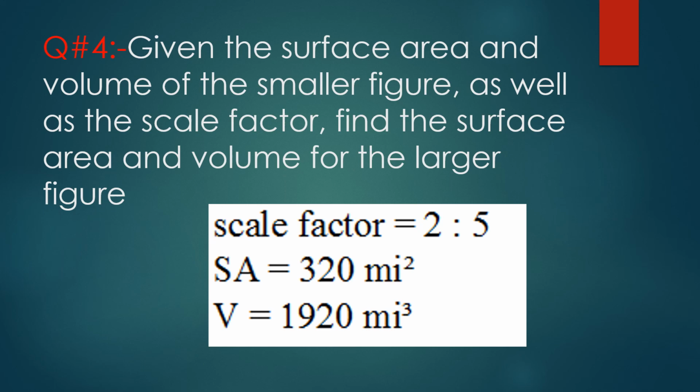By cross product, you can find surface area 2. Likewise, volume 1 to volume 2 is equal to 2 cubed over 5 cubed, which is 8 over 125, which means 1920 over V2 is equal to 8 over 125. By cross product, you can find V2.